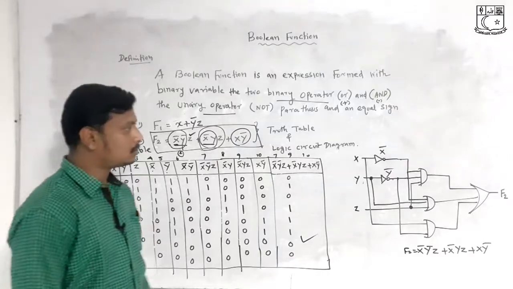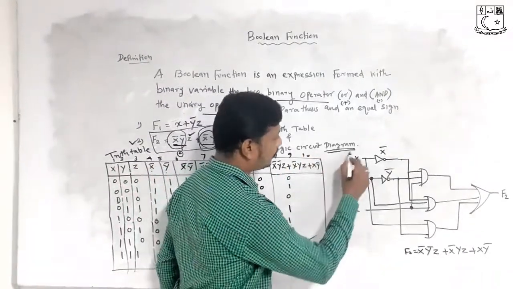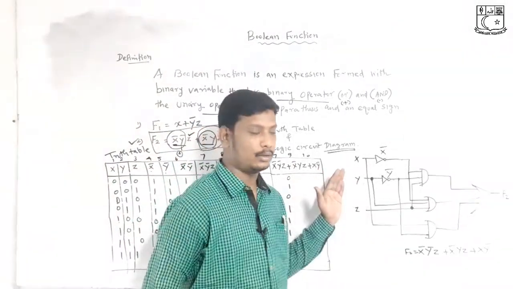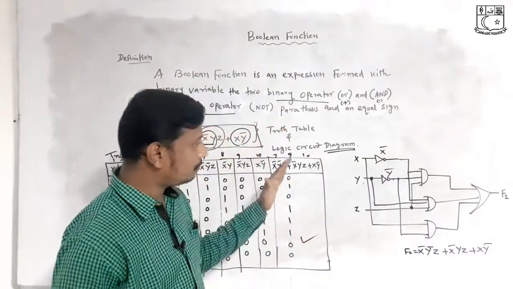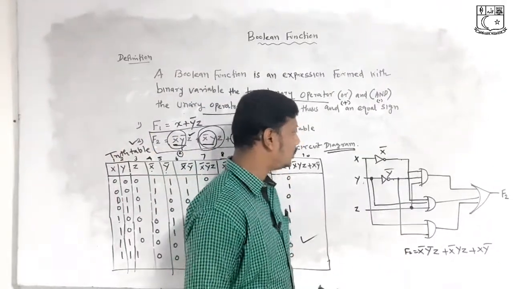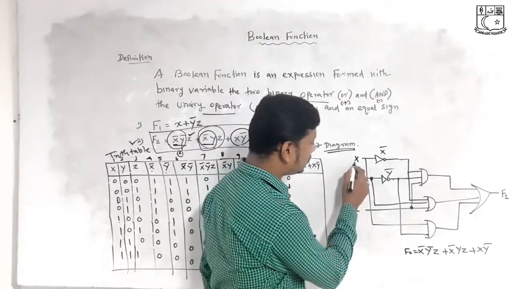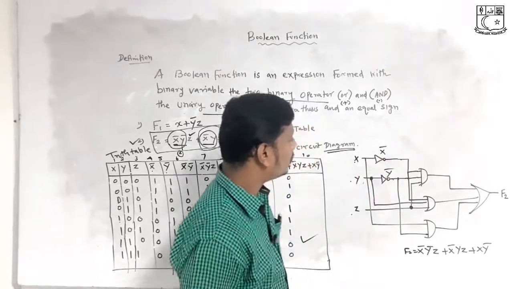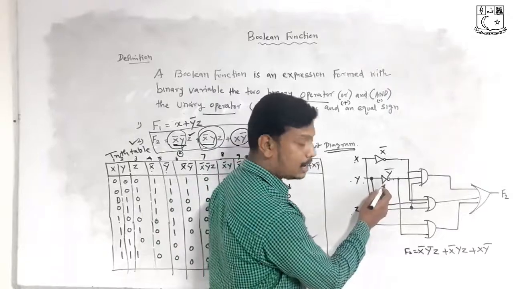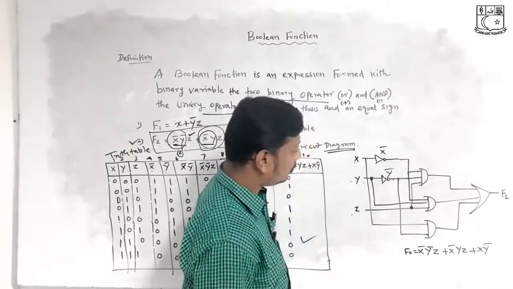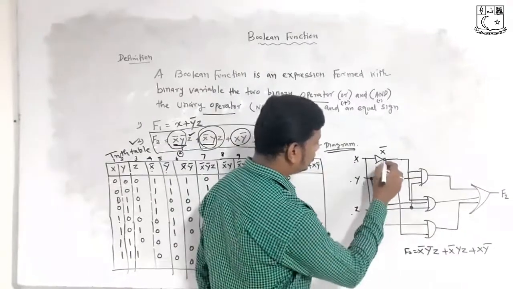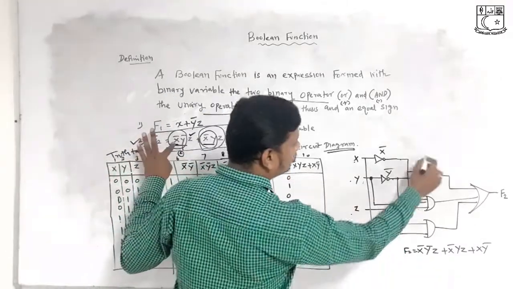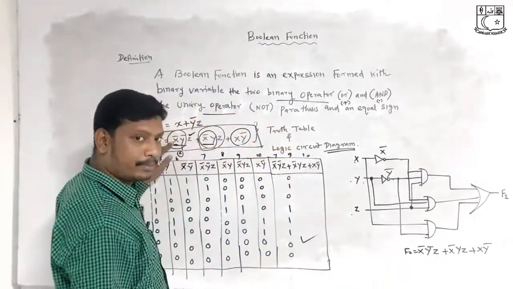Next, the logic circuit diagram. Watch the video carefully and do not skip it, or you will not understand the program. This is the logic circuit diagram with inputs x, y and z. x bar uses the NOT symbol, and y likewise with a NOT. For x y bar z you use the AND gate for the multiplications.